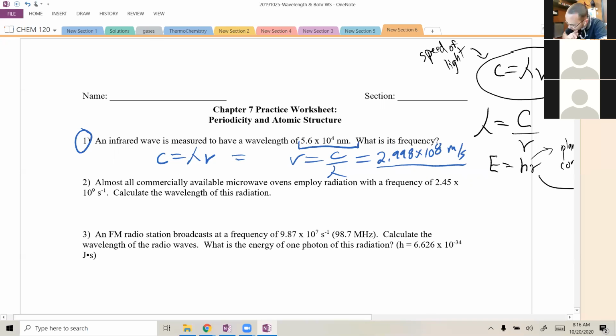So we have meters per second up here. And right now, our wavelength is 5.6 times 10 to the 4 nanometers. Now, can we just divide these two values? Will that give us our frequency? Or is there something that we need to change first?